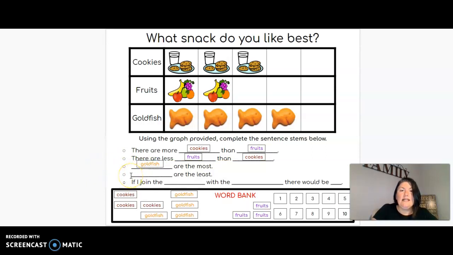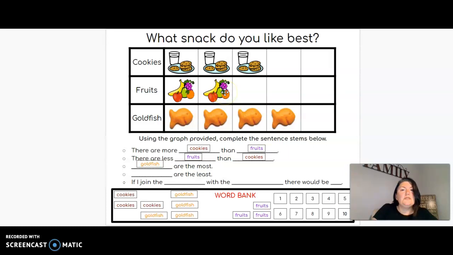Next sentence stem says, blank are the least. Remember, least is the smallest or the fewest amount of something. So if I'm looking for the least, is goldfish the smallest or the fewest? No, so it can't be the least.